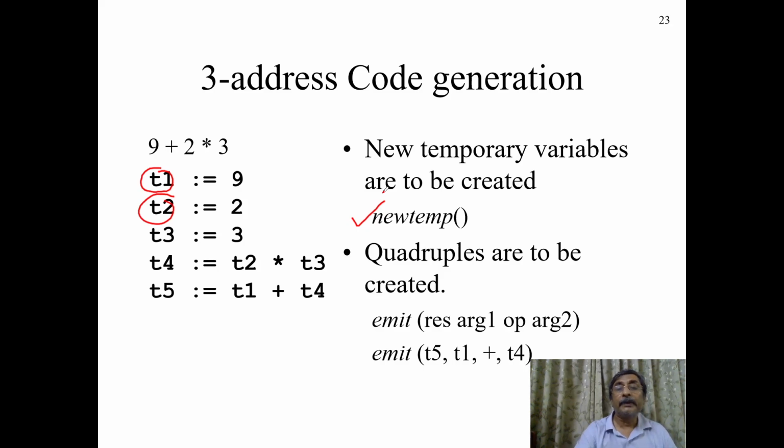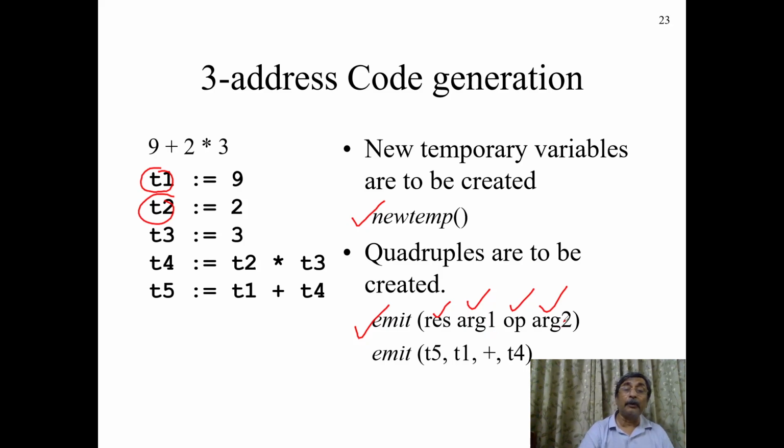And we need to create and write quadruples. So I use a function called emit. In emit, I write down the name of the variable for the result, the name of the variable for arg1, the name of the variable for arg2, and the operator which is to be operated on arg1 and arg2.